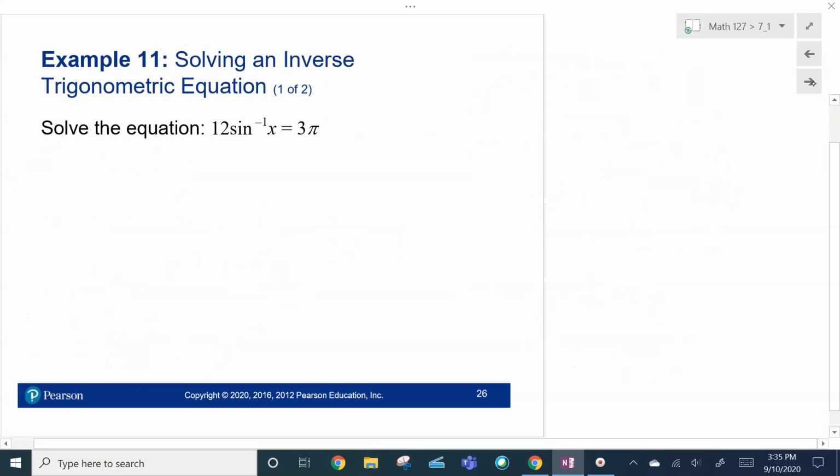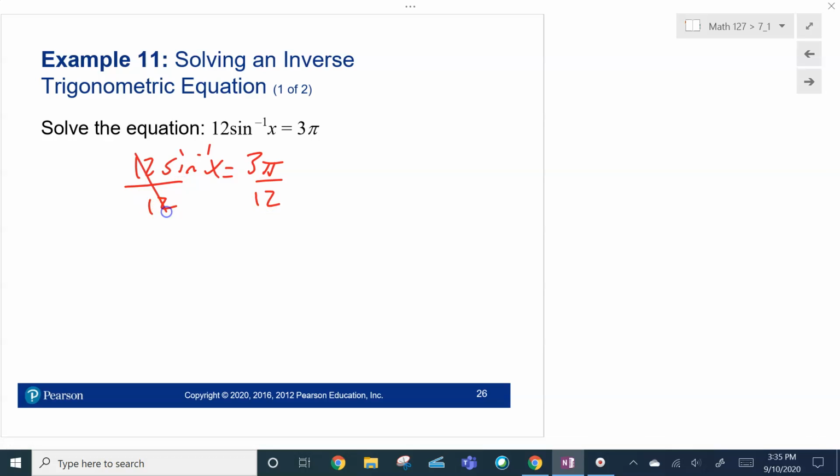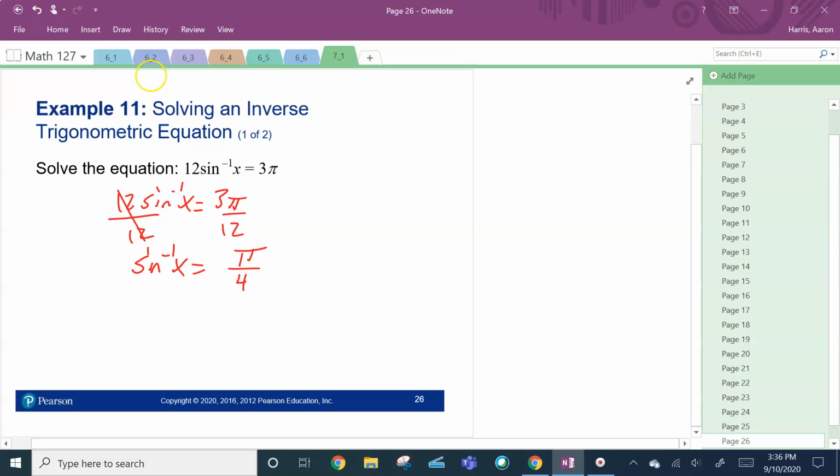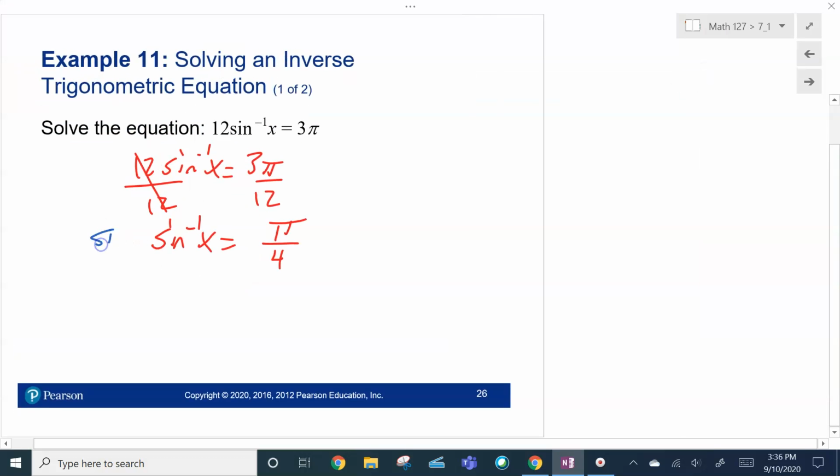Let's solve this equation: 12 arcsine of x equals 3 pi. We can divide by 12 on both sides. The arcsine of x equals pi fourths. And now, how do you undo the arcsine? You take the sine on both sides. You undo it with its inverse.